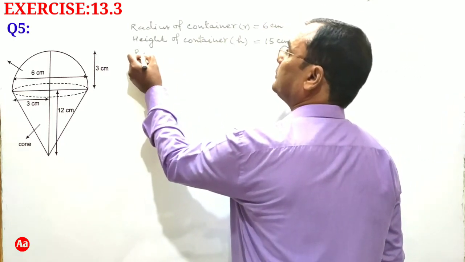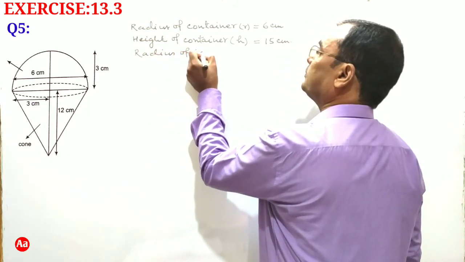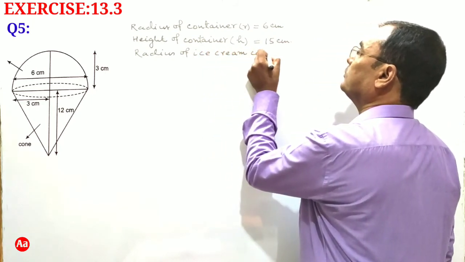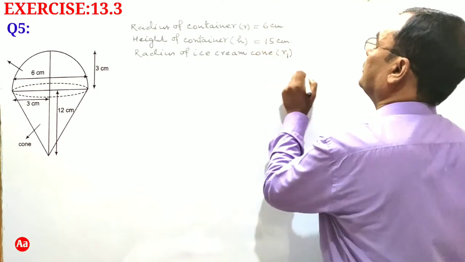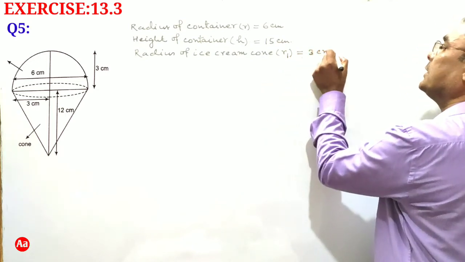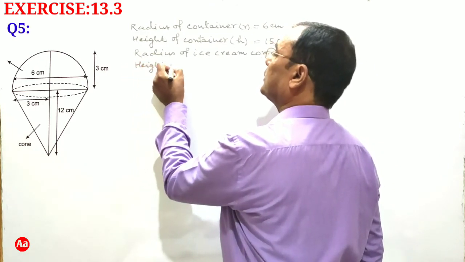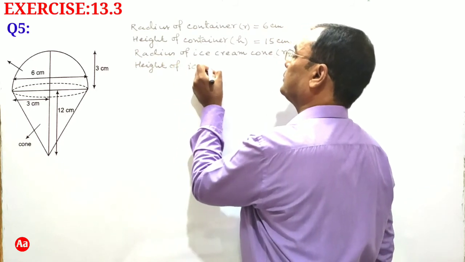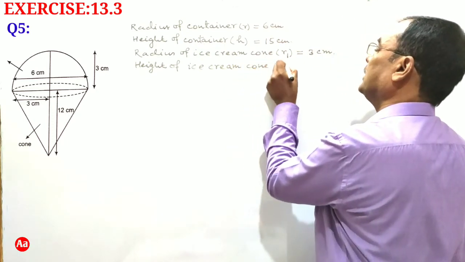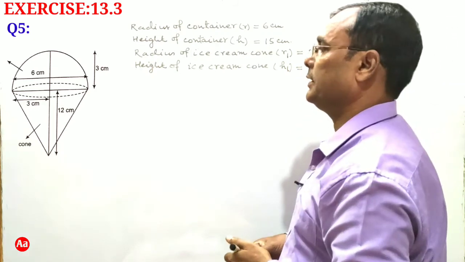So radius of ice cream cone, let's write it R1, that is, 6 centimeter is diameter, so 3 centimeter will be radius, and height of ice cream cone, let's write it H1, given 12 centimeter.